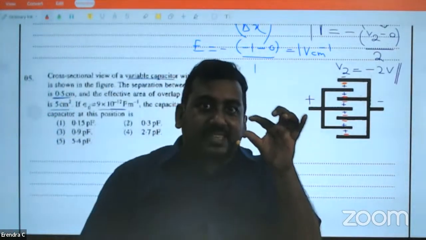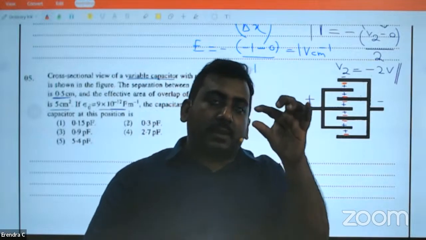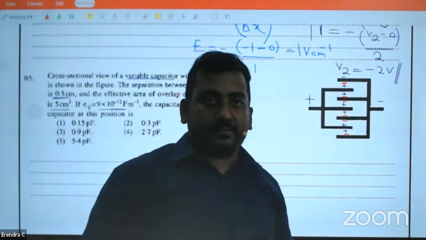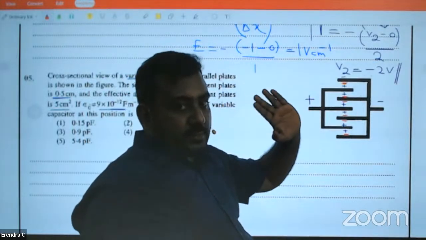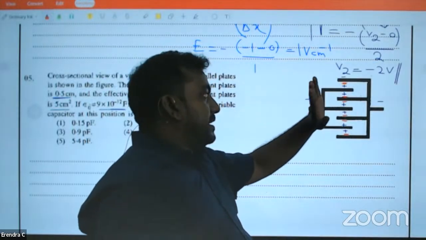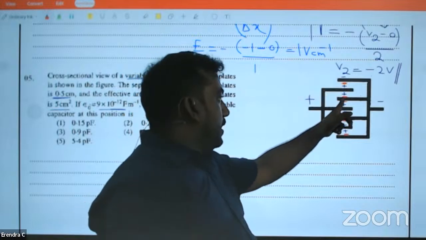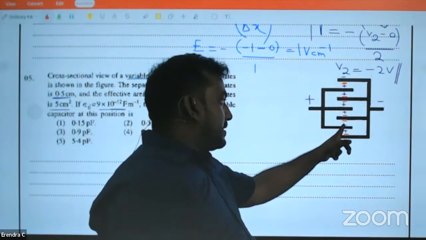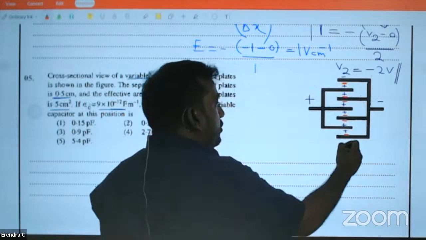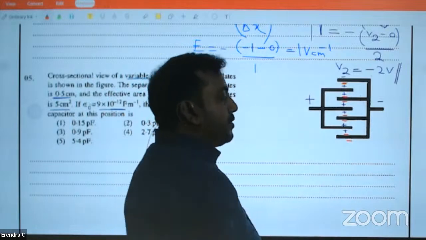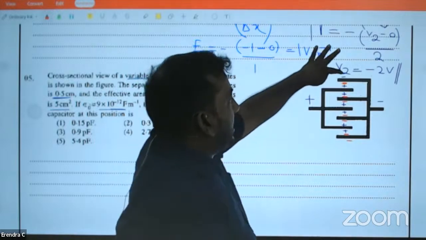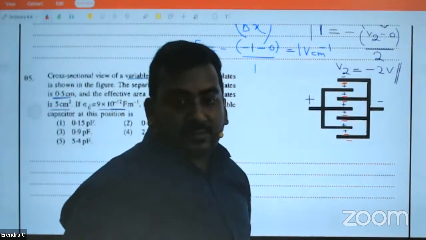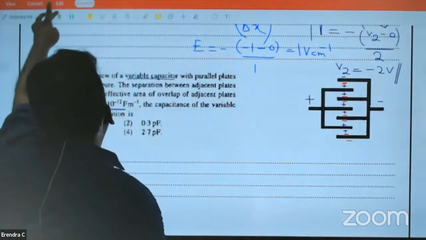If there is an electric field, it will be between plus and minus. So plus and minus, there is electric field, there is a capacitor. Now you might say, sir, outside also negative is there. Outside negative has no meaning. There's no plus. So we can ignore the outside negative.